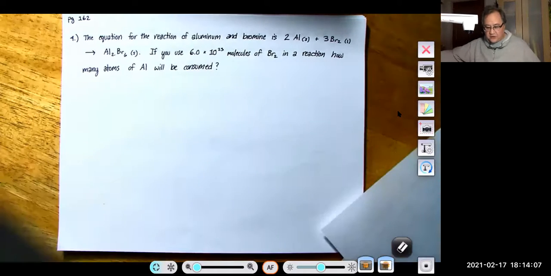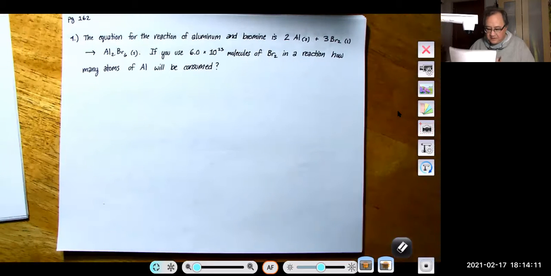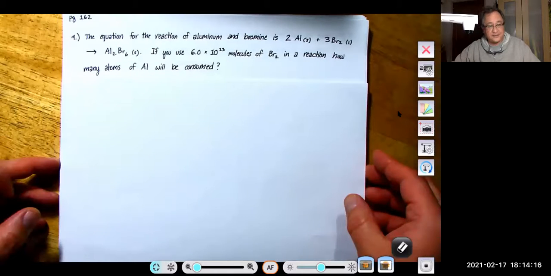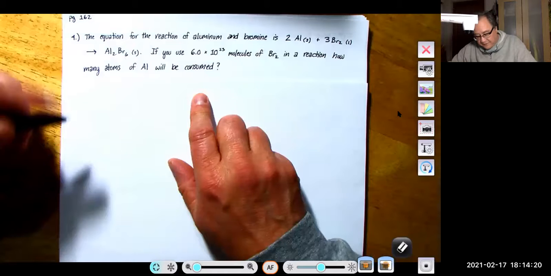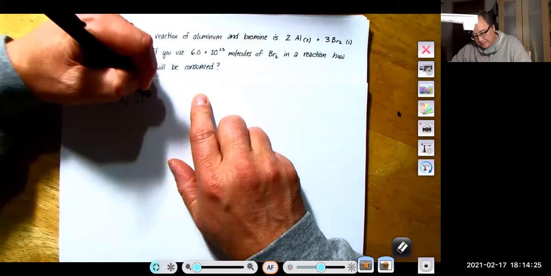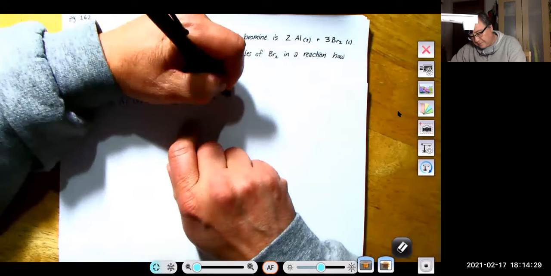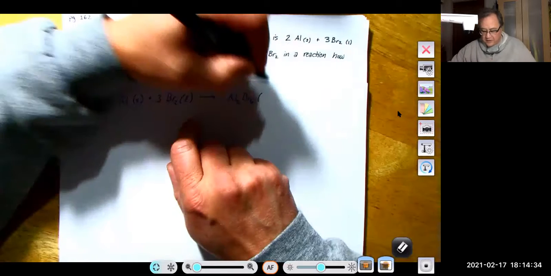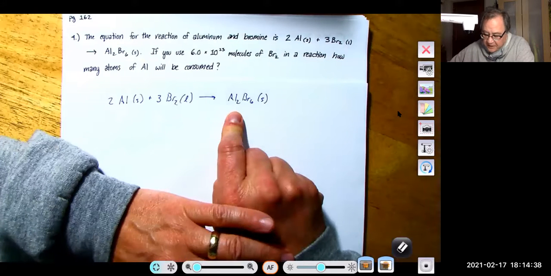So the equation for the reaction of aluminum and bromine is Al plus 3Br2 gives you Al2Br6. This is an interesting reaction because of the following. Look at this formula here. It's a metal and a non-metal, correct?